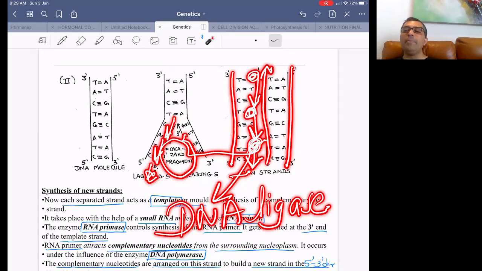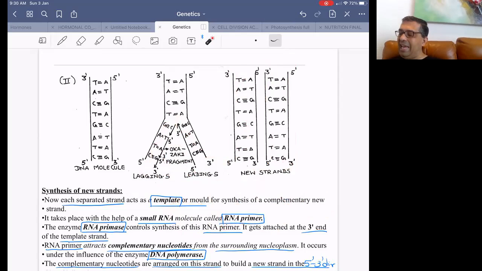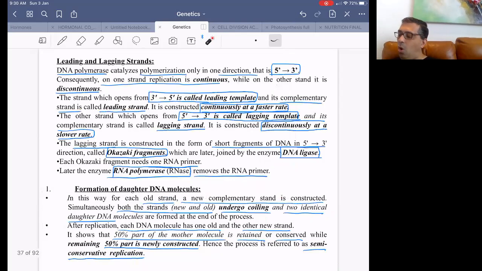So Okazaki fragments are stuck together by which enzyme? DNA ligase enzyme.